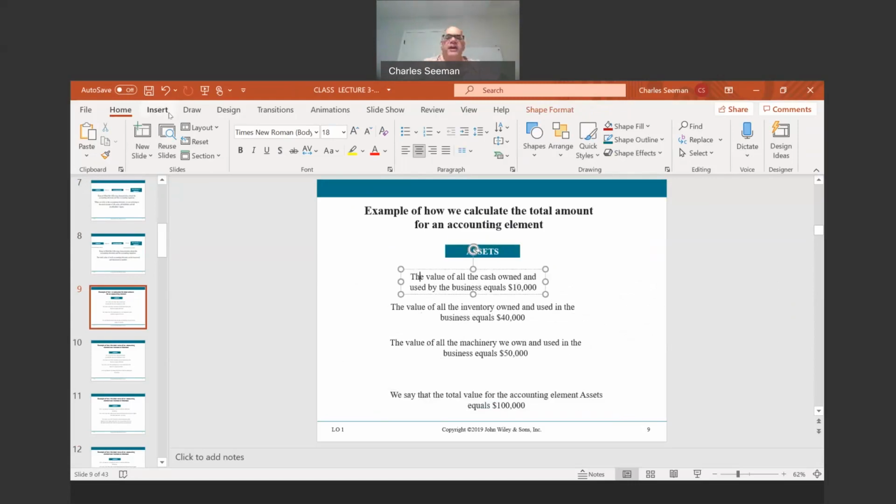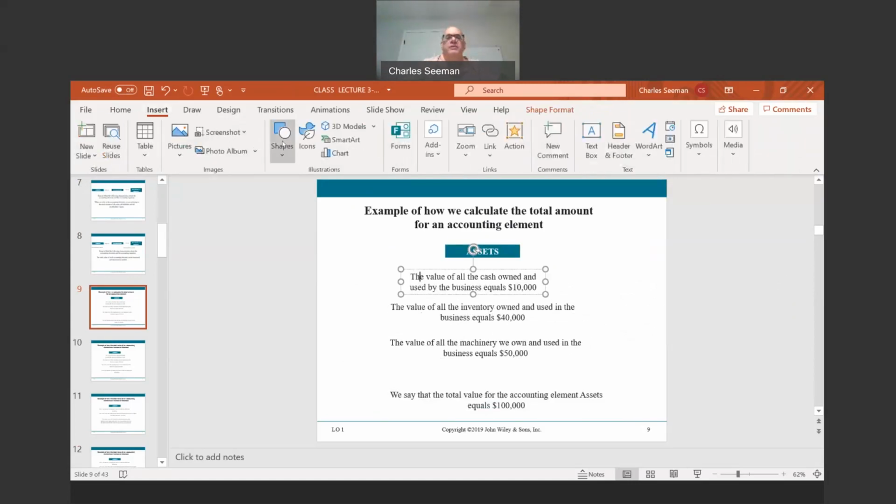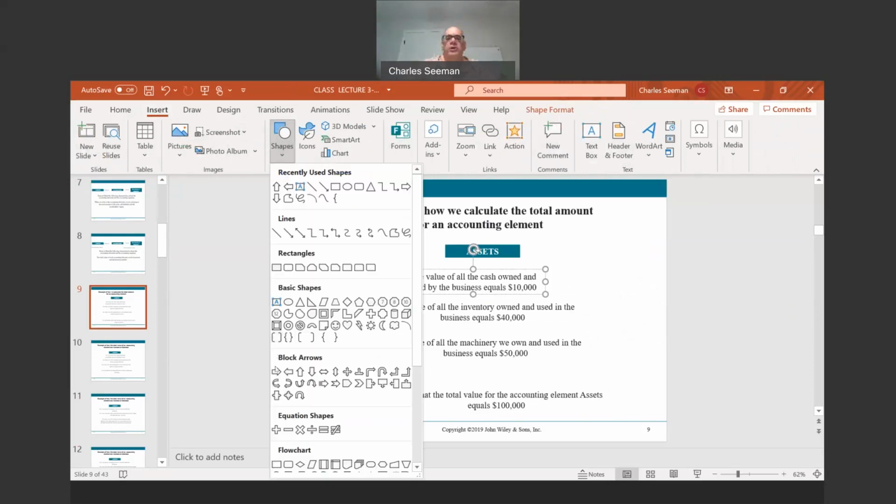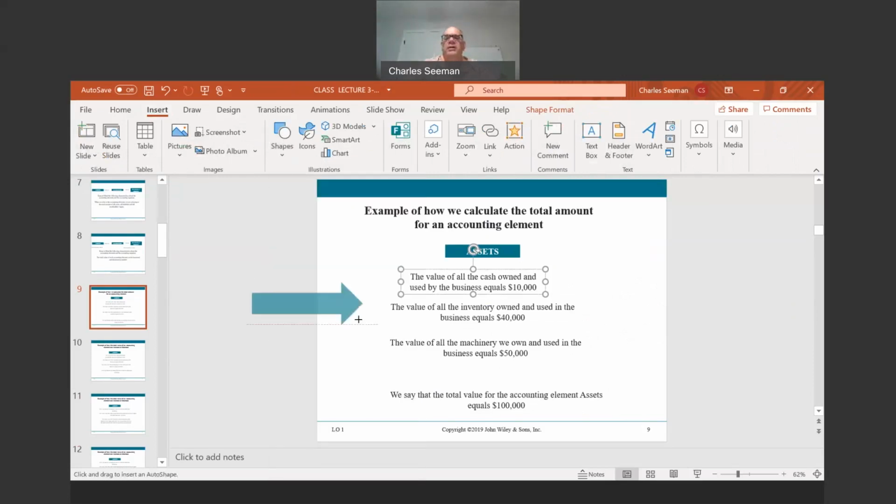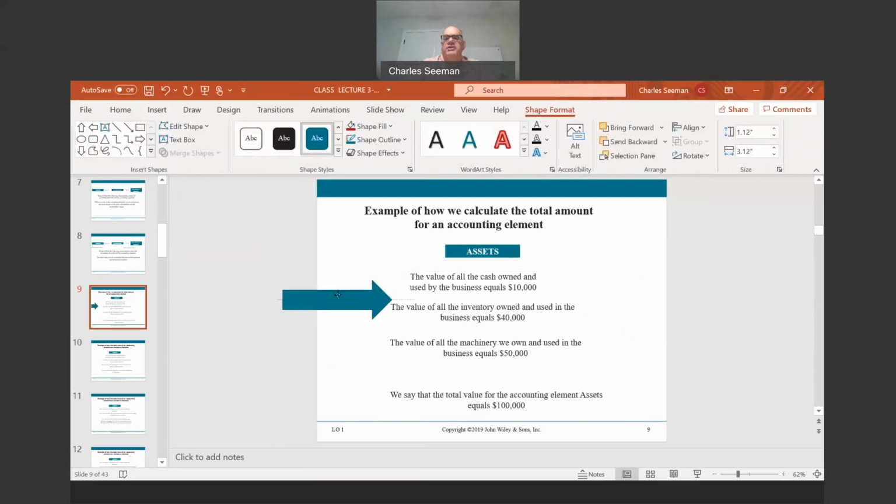A specific asset has its own activity, records its own activity, and has its own balance. Inventory has a balance of 40,000, and machinery has a balance of 50,000.